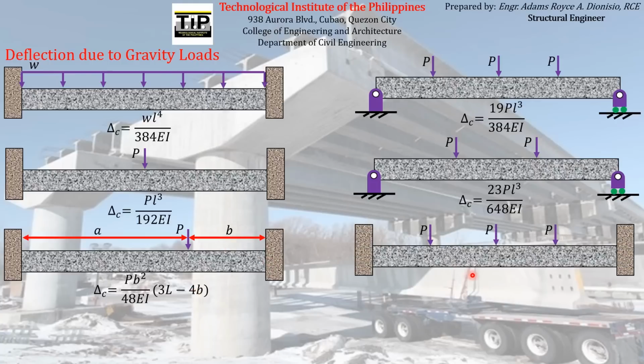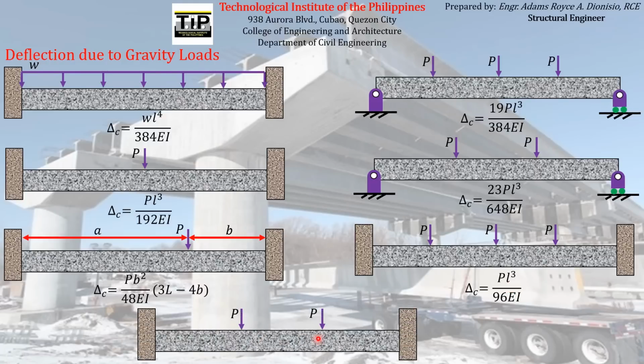For the case of a fully restrained beam with concentrated loads acting at every quarter point, the deflection acting at the midspan or center of the beam will be equal to this, PL cube over 96 EI. And lastly, for a case of a fully restrained beam acted upon by concentrated loads at every third point, the deflection at midspan or center will be equal to this, 5 PL cube over 684 EI.